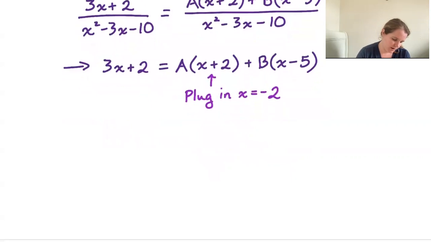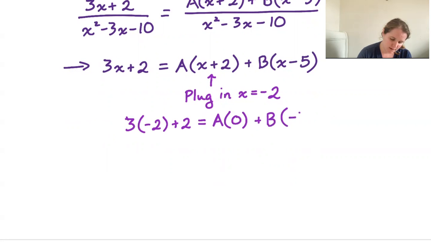And what we therefore have is 3 times negative 2 plus 2 is equal to A times 0 plus B times negative 7. And so we have negative 4 is equal to negative 7B, or B is equal to 4/7.